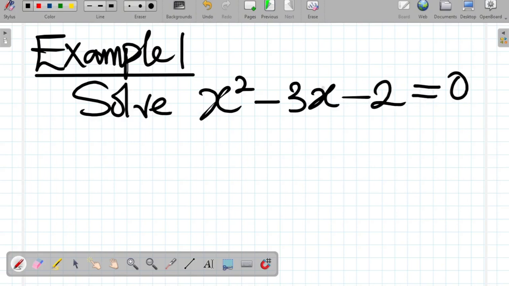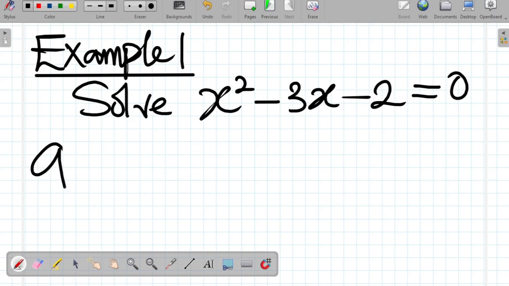Now let's solve an example. We are asked to solve x squared minus 3x minus 2 equal to 0 using formula method of quadratic equation. So our first task here is to identify the coefficients and constant.